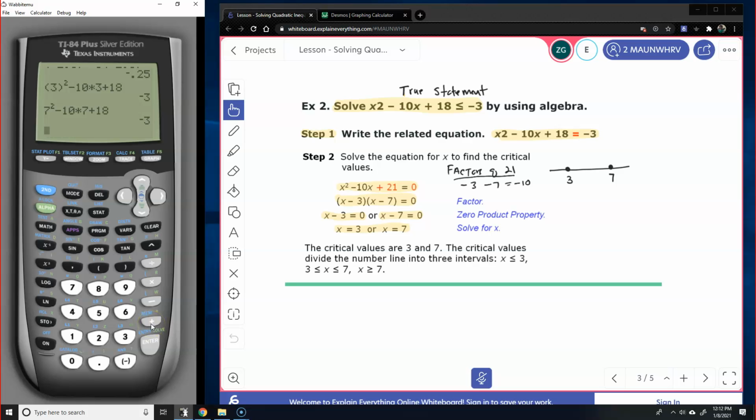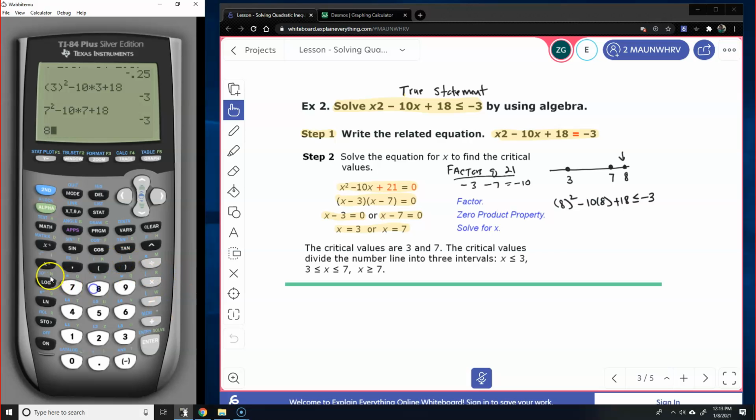So now we got to check numbers that fall after 7, and I'd like to try just the next one, which is 8. How do you try it? You're going to substitute. So you have 8 squared minus 10 times 8 plus 18, and you have to check if that's less than or equal to negative 3.